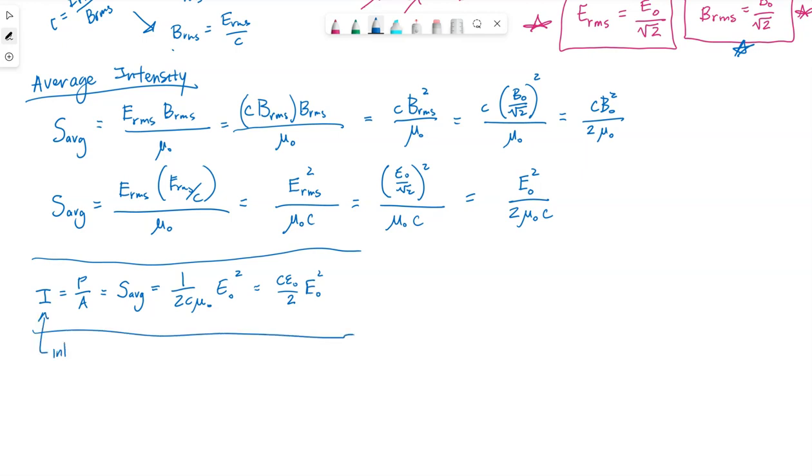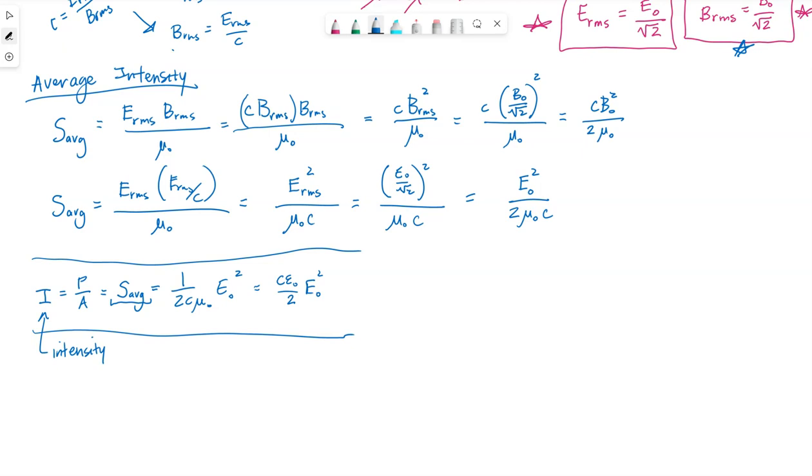I for intensity. The heading above these equations says intensity. I find this can be a little confusing since we've been talking current as well. So I tend to use S average for the most part, so I remember I'm talking about intensity and not current.